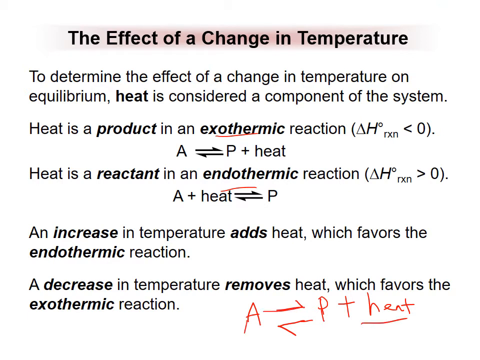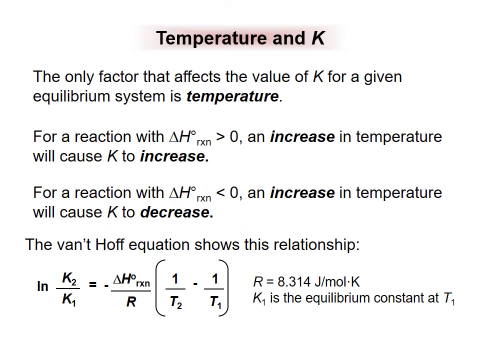So the forward reaction is exothermic and the reverse reaction is endothermic. Similarly, if the forward reaction is endothermic, then the reverse reaction generates heat and is exothermic. We have mentioned that neither pressure nor concentration change affects the equilibrium constant. On the other hand, temperature does affect the equilibrium constant.